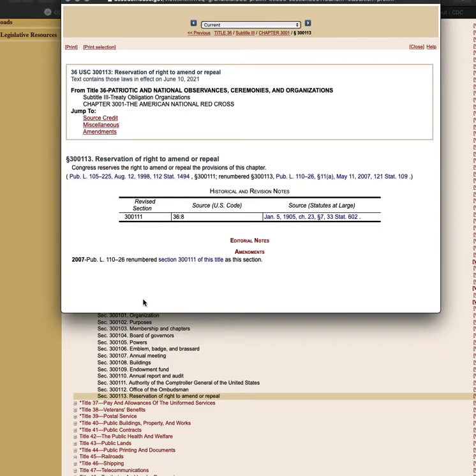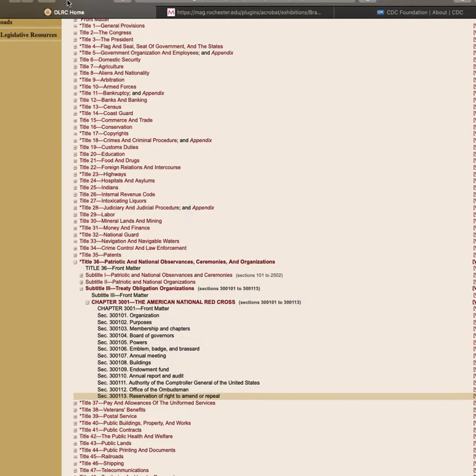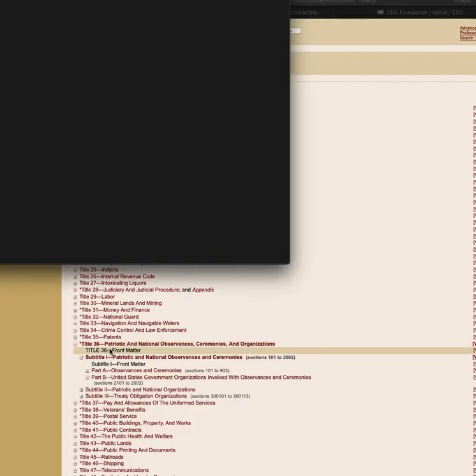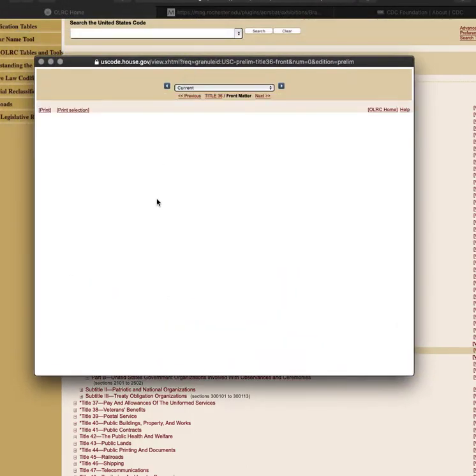So if you have a positive law, this is the very end of this title. This is the last page, the last chapter, the last section, and they put a positive law citation down here, and there's nothing after it, then it's only what's after it, which is nothing, that's made positive, that's actually a law. If it doesn't have a positive law citation, it's not a law. It may have laws in it, but that does not mean that the title has been made positive. The title is not positive.